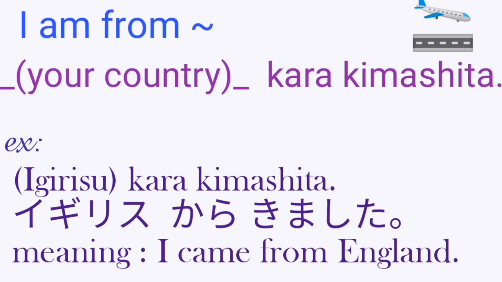When you introduce yourself, you can say your country like this. Put your country here, then kara kimashita. Let's see some examples. Igirisu kara kimashita, which means I'm from England.